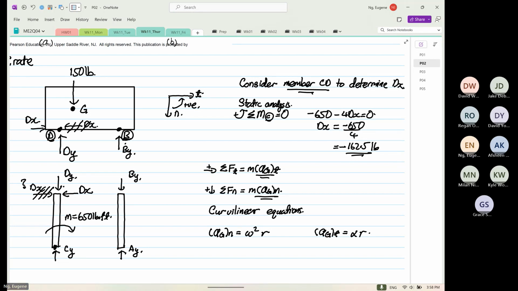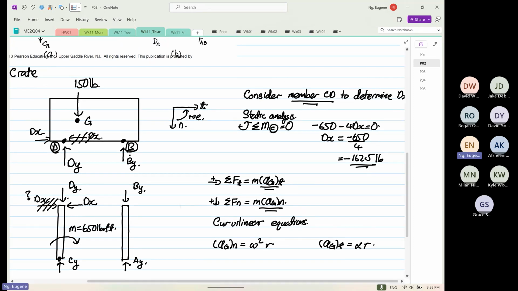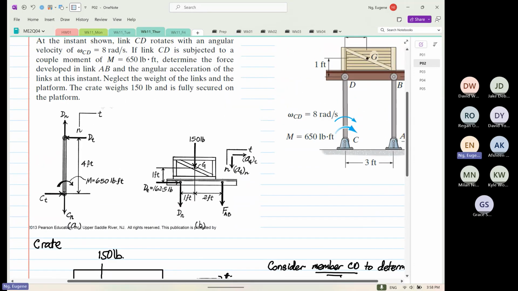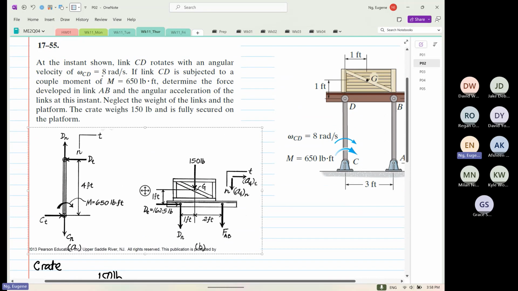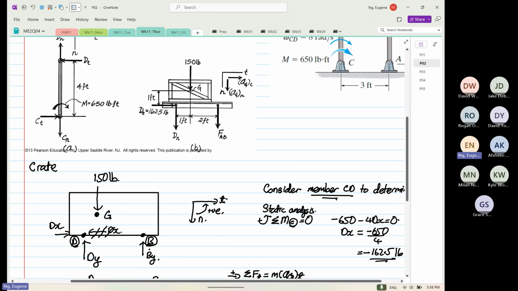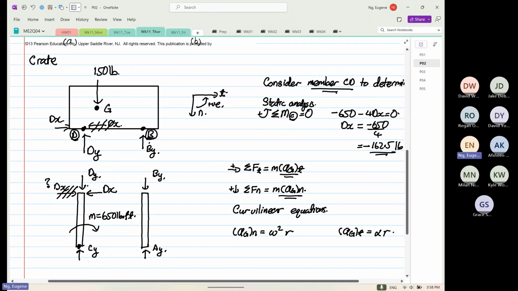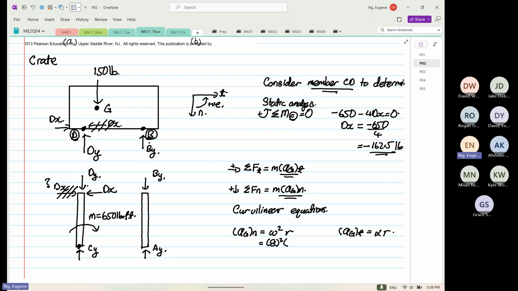So if we go back to look at our value, we know that omega is 8 radians per second. So we know that this is equal to 8 squared, and the radius is based on the length, and it's going to be 4 feet.